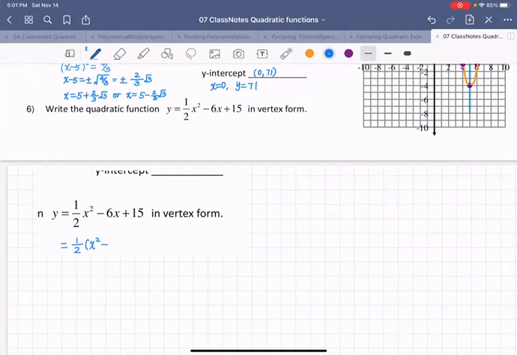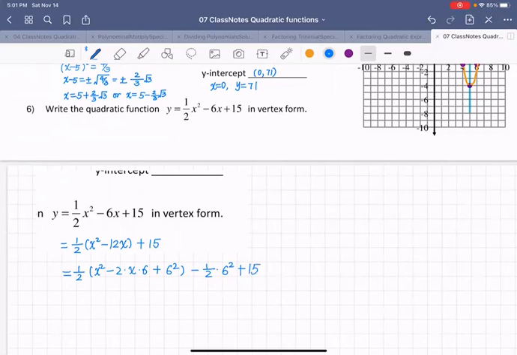Be careful. So it equals 1/2 times x squared minus 2 times x times 6 plus 6 squared, and then minus 1/2 times 6 squared, and then plus 15.